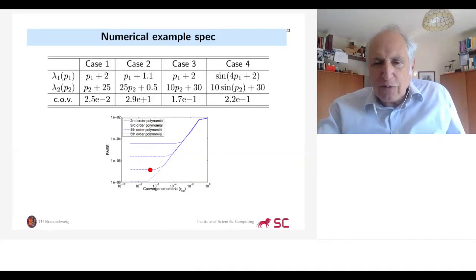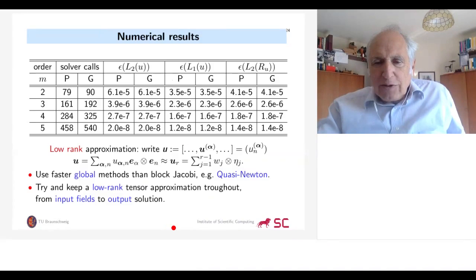This is how good you can get with fourth order polynomials. This is how good you can get with fifth order polynomials, okay? So you see how well the equation is satisfied with Galerkin, okay? We compared it here with pseudospectral projection. This is the number of solver calls. You see this is about the same work as pseudospectral projection, but you get something which solves the equation in some weak sense, okay?